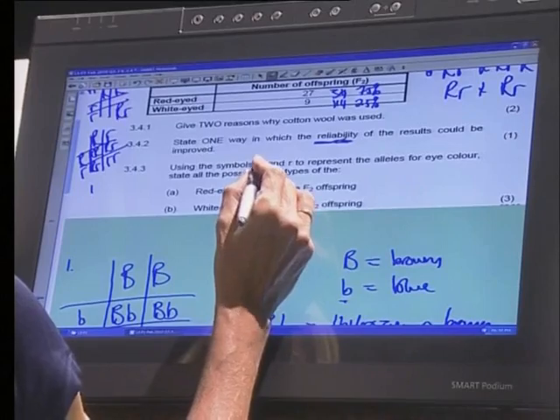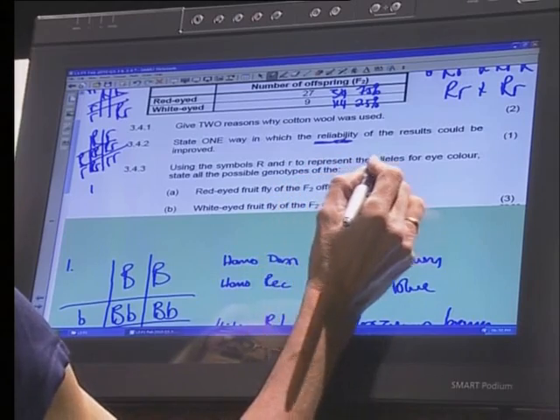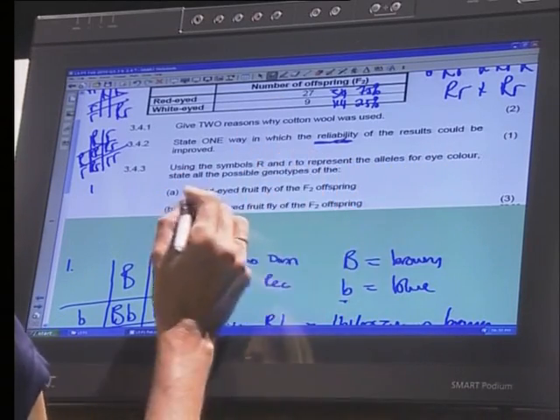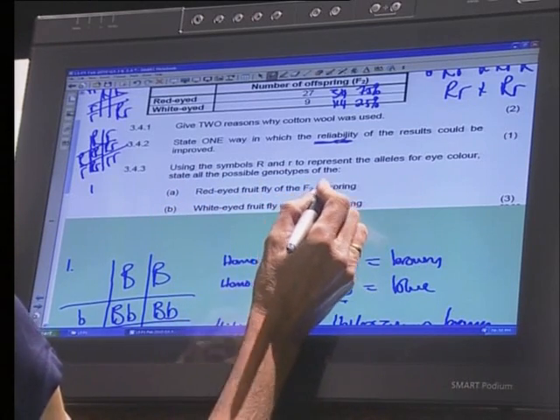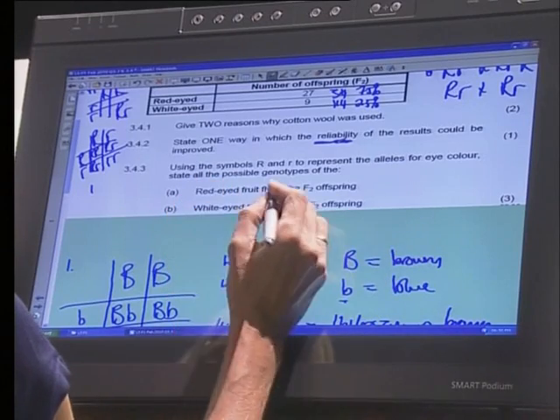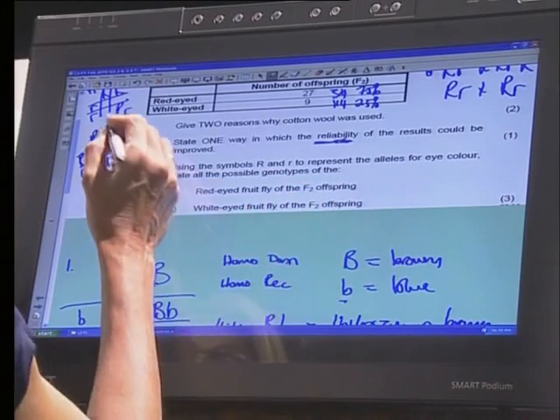Now, using the symbols capital R and small r to represent the alleles for eye color, state all the possible genotypes of the red-eyed fruit fly in the F2 and the white-eyed fruit fly. Now, the red-eyed fruit fly in the offspring, we've done here.